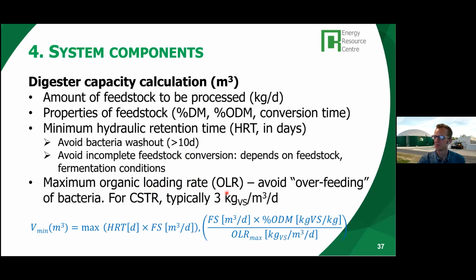There are certain conversion capacities of digesters, also temperature dependent. And if you increase the feeding rate above this maximum organic loading rate, then you may at some point get unstable situations due to, you would say, overfeeding of bacteria.